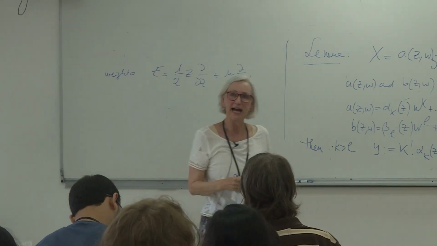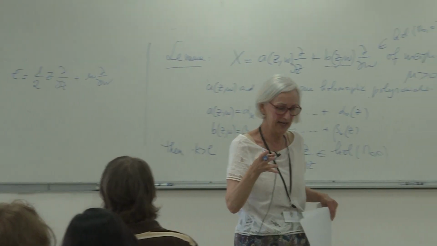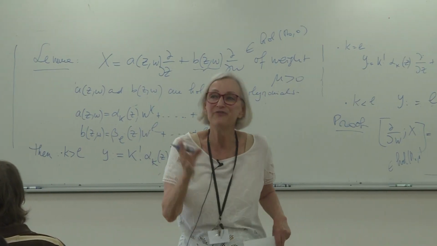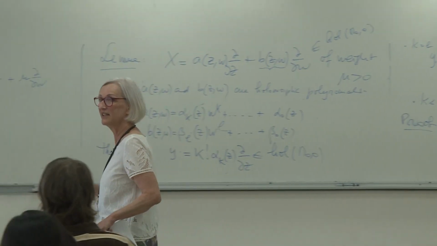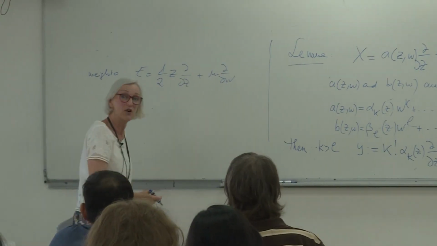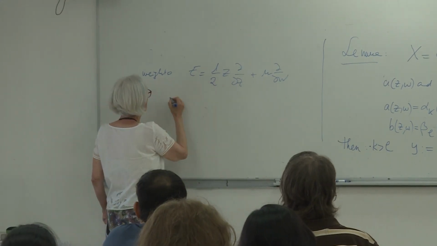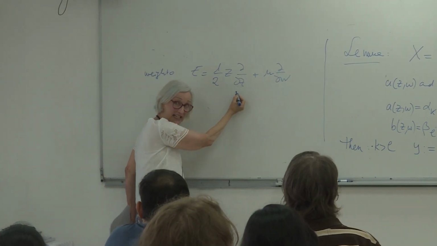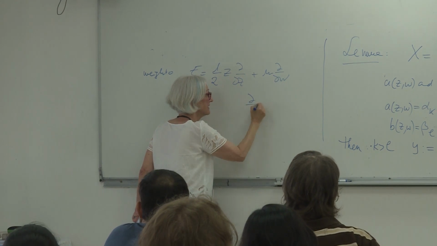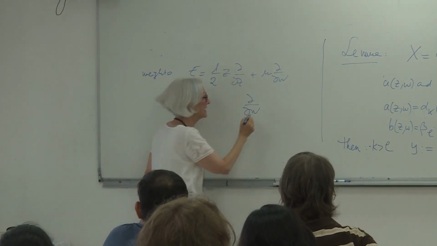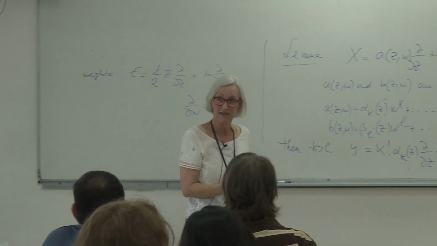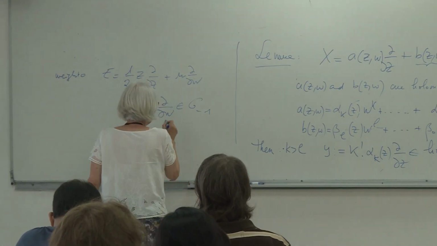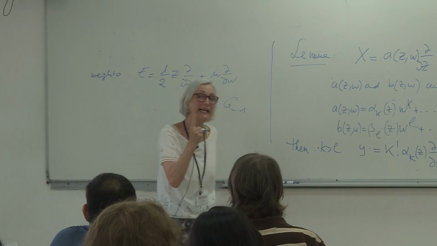Am I lying when I say that? What do I get when I differentiate with w ∂/∂w? What is the result of that? It should be in Holm M0, but if I differentiate with respect to W, there is nothing here, and I get the one living in g_(-1). So that means that this already has one integration.